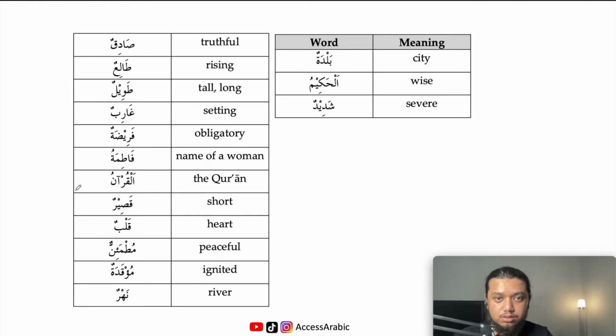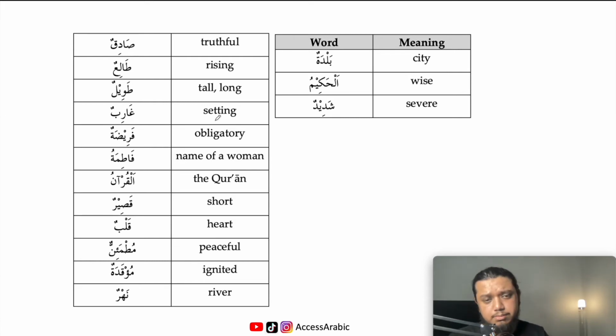Al-Quran is the Quran, the holy book of the Muslims. Qasir means short. Qalb means heart. Mutma'in means peaceful. So qalb mutma'in is a peaceful heart. Muqada means ignited, something that has been set on fire. And nahar is a river.